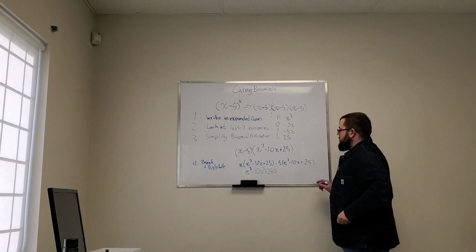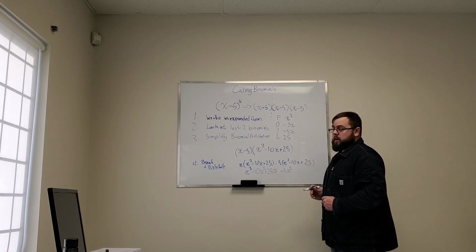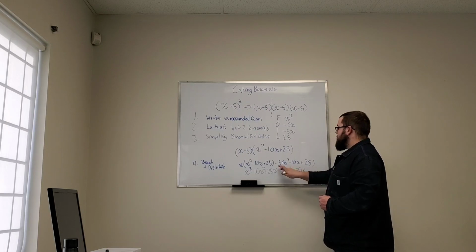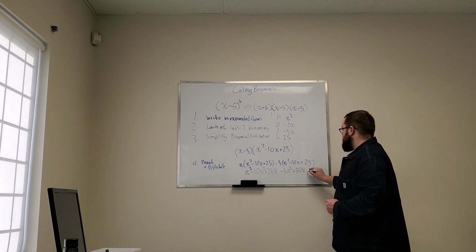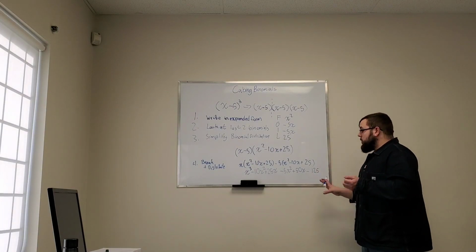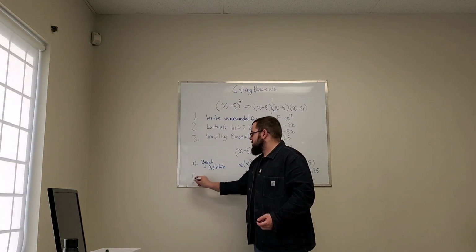Move on over here. Minus 5 times x squared, minus 5x squared, minus 5 times minus 10x, positive 50x, minus 5 times 25, minus 125. Wow, that's a lot of terms, and now we are going to gather like terms.